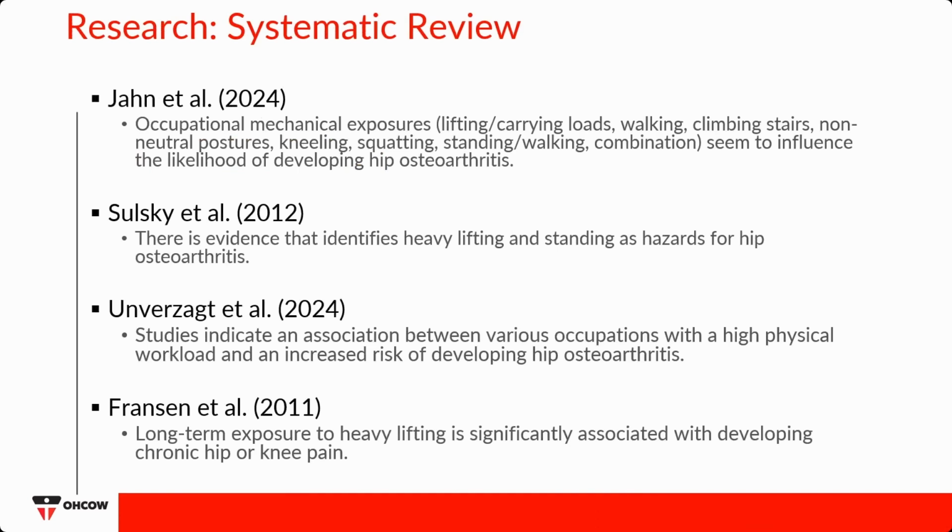Selsky in 2012 found evidence that identified heavy lifting and standing as hazards for hip osteoarthritis. Umvers in 2024 indicated an association between various occupations with high physical workload and an increased risk of developing hip osteoarthritis. And Franzen in 2011, in a long-term exposure study, found that heavy lifting was a significant association in developing chronic hip and knee pain.